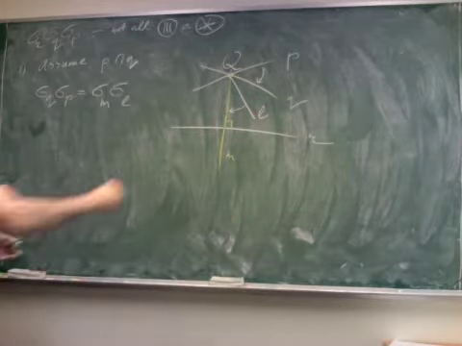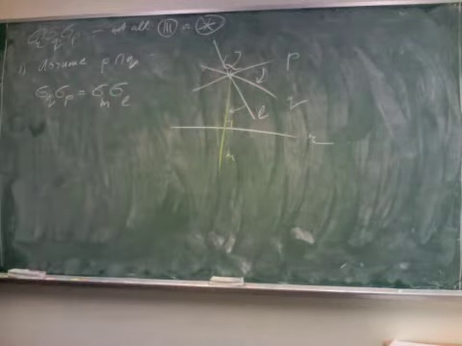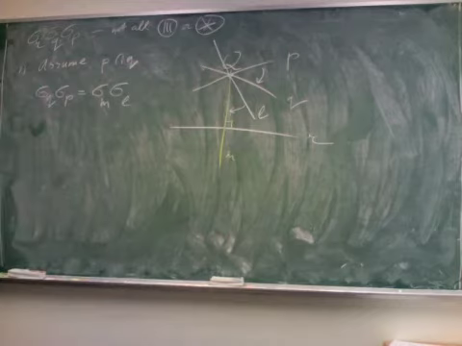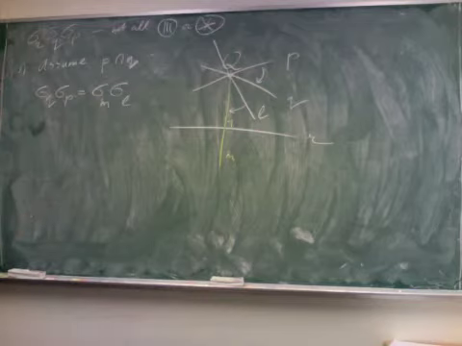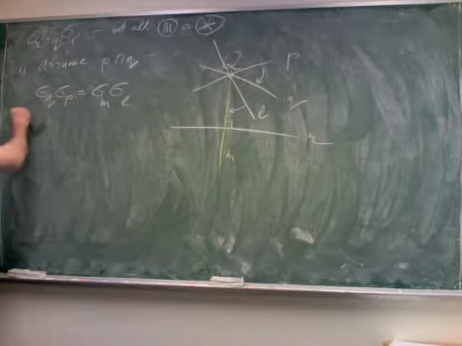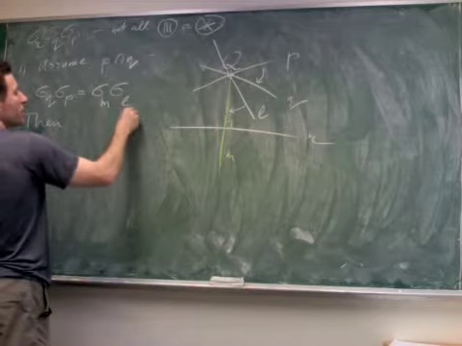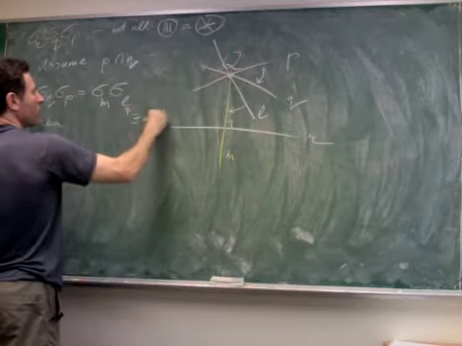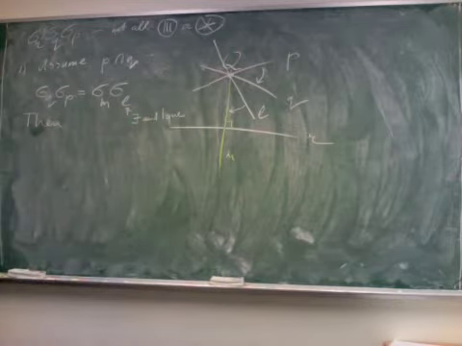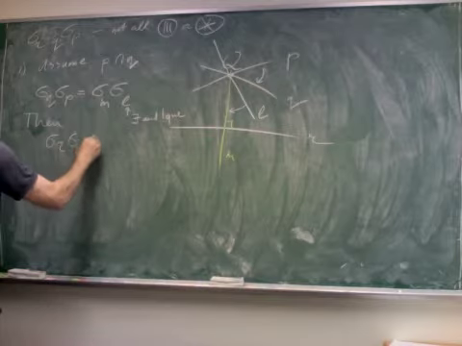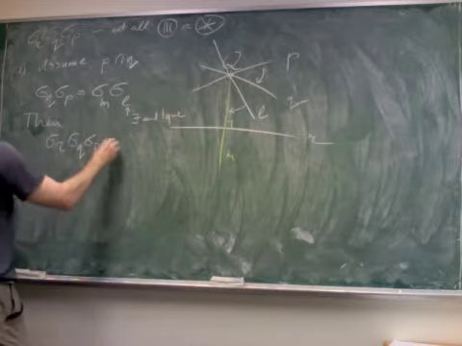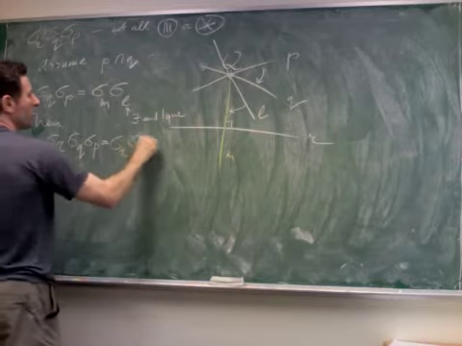So there exists, and in fact unique, a line L so that the product sigma P sigma Q is the same as sigma L sigma M. Very well. Then we have sigma R, sigma Q, sigma P equals sigma R, sigma M, sigma L.